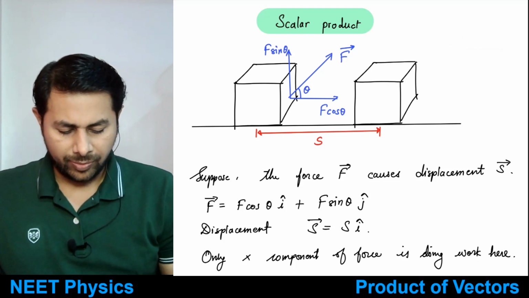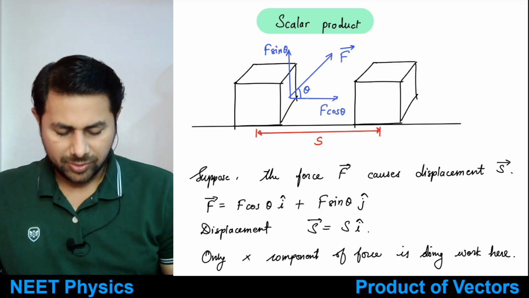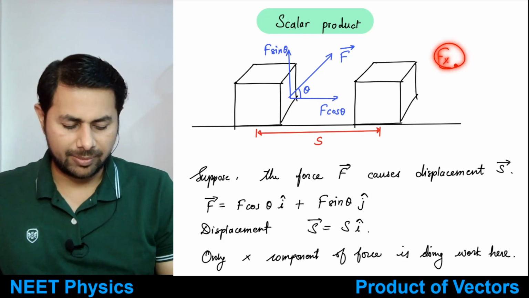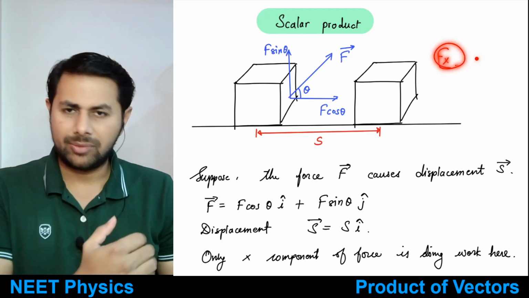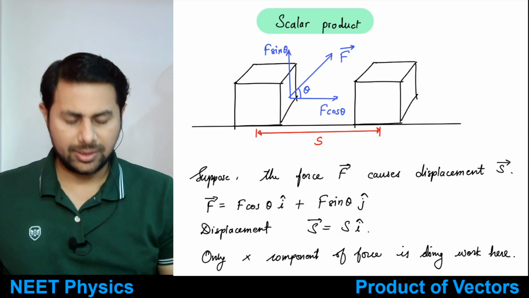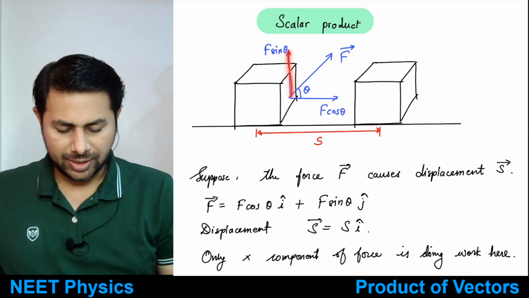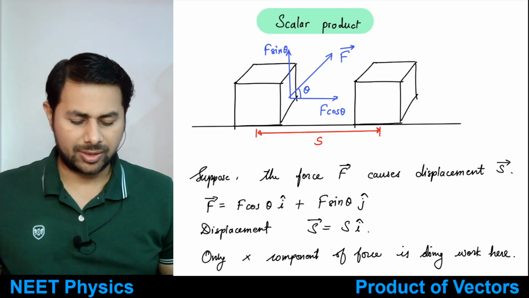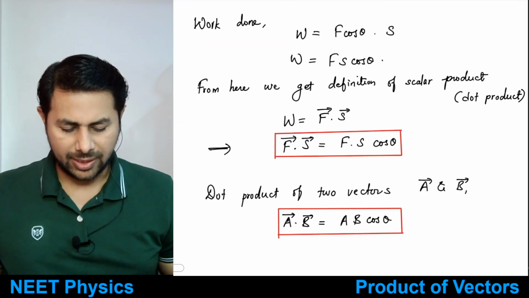So now I can write this work as the force in x direction, Fx, multiplied by the component of displacement in x direction, that is S, plus the force in y direction multiplied by the component of displacement in y direction, but there is no displacement in y direction, right?